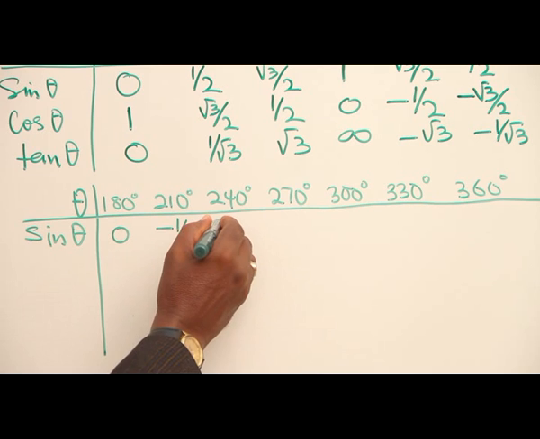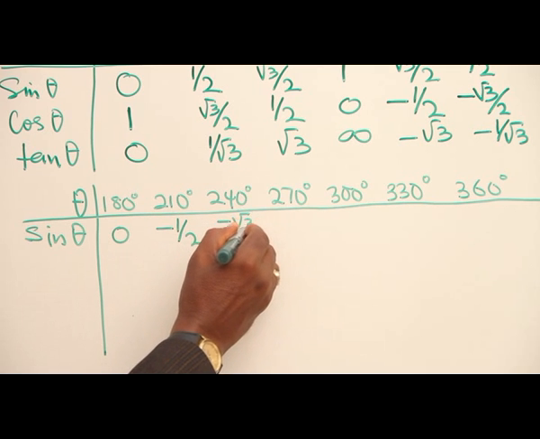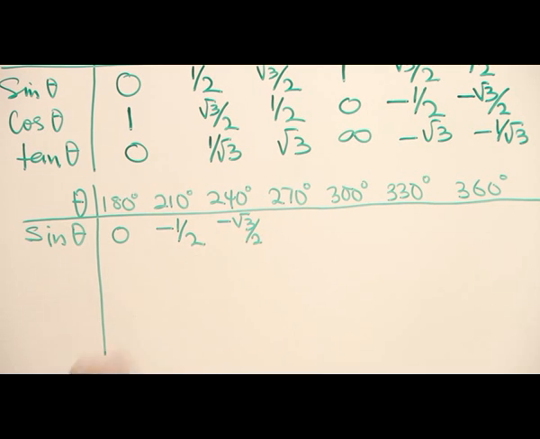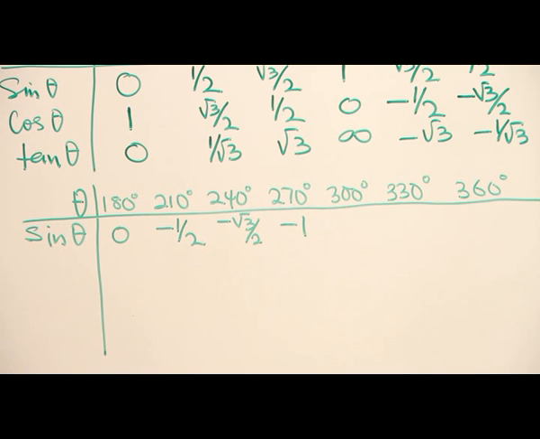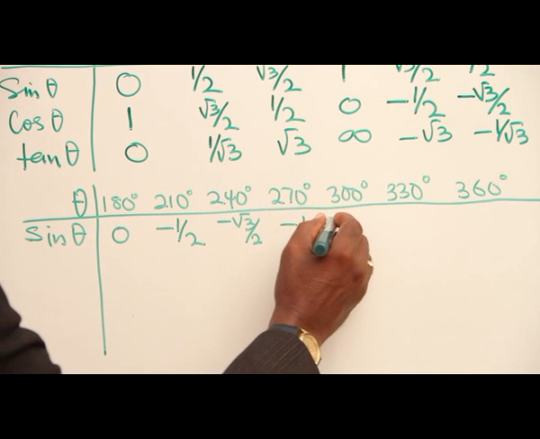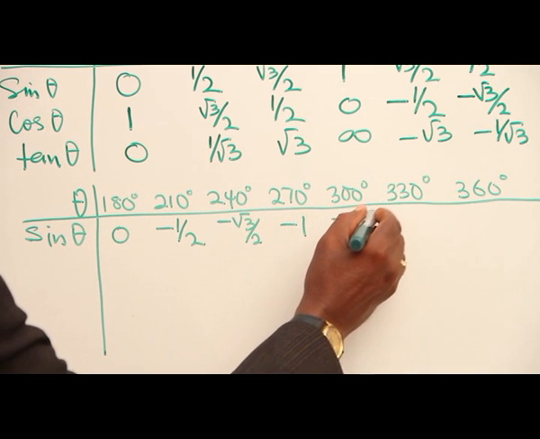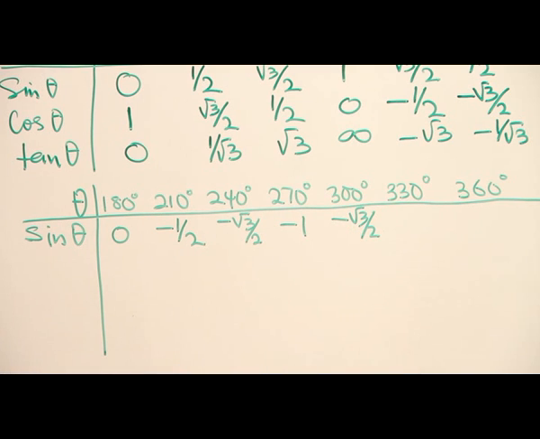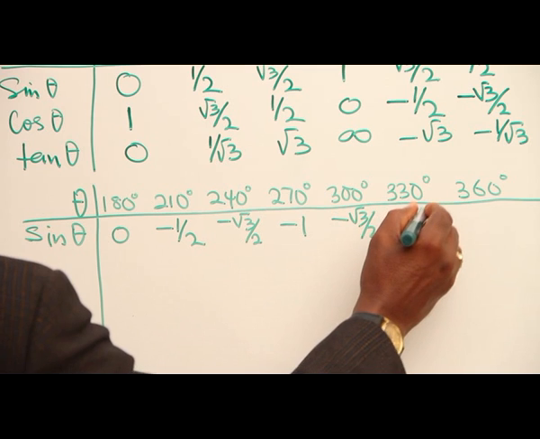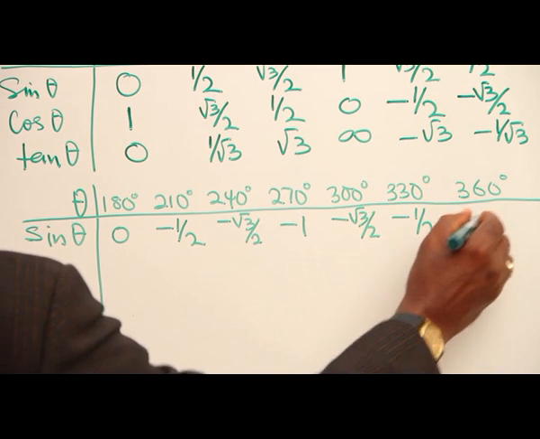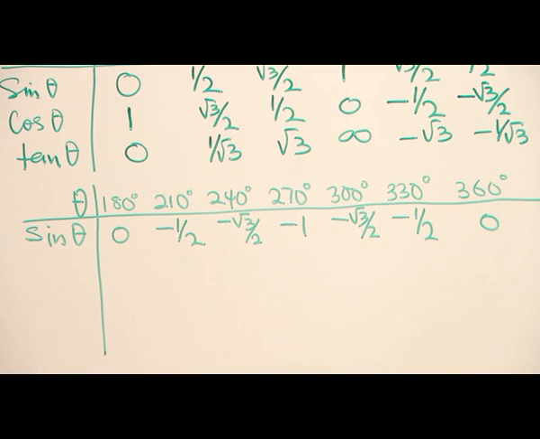The next one is minus root 3 all over 2, it's in the third quadrant. The next one is minus 1 under 270, followed by root 3 all over 2, and under 330 degrees you have also minus half, and then you have 0.